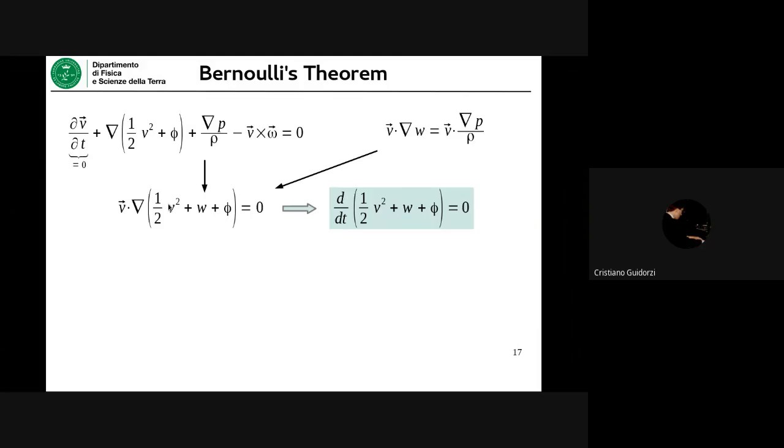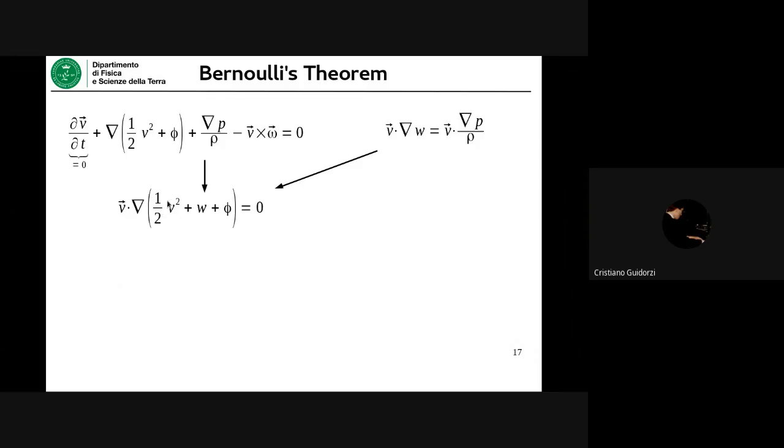I was saying, okay, so essentially, you see that we replaced the product of V scalar gradient of pressure over rho with V scalar the gradient of the enthalpy.